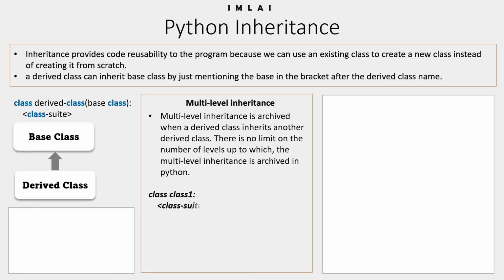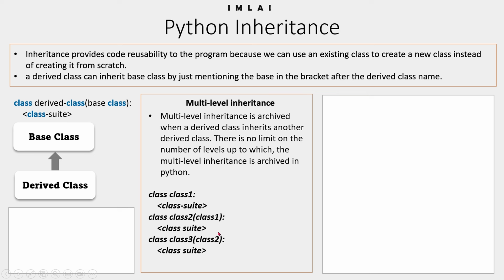We have class 1, which is a base class, and it has its blueprint. Then class 2 is inherited from class 1 and it has its own blueprint. Then class 3 has inherited from class 2 and has its own blueprint. This is how it follows different levels.